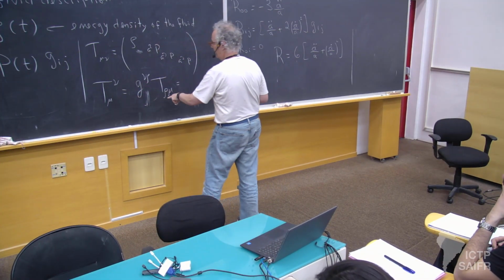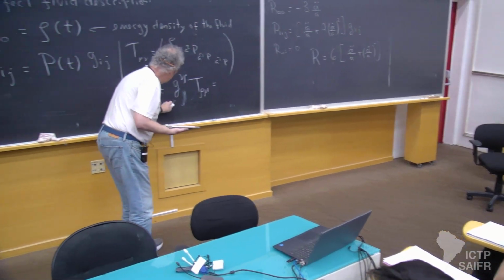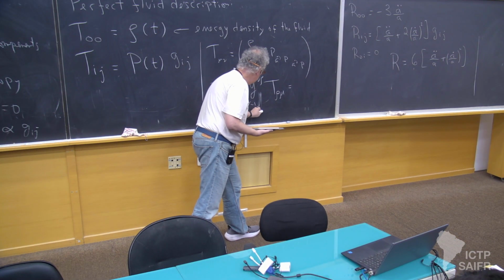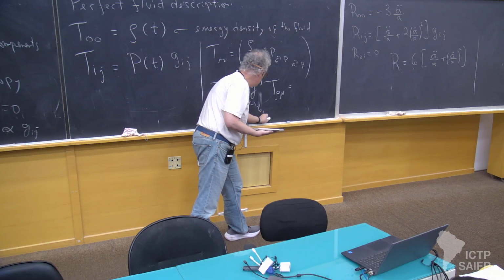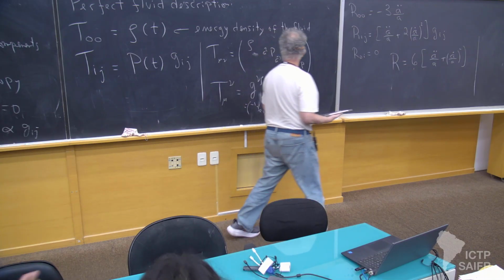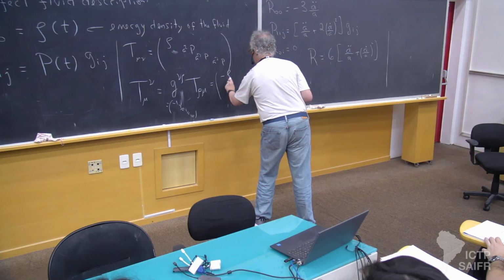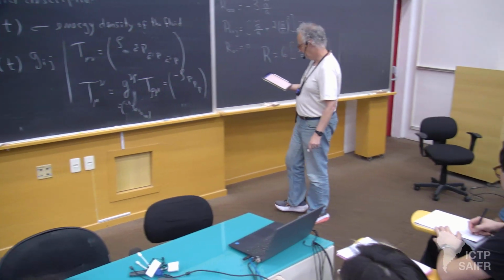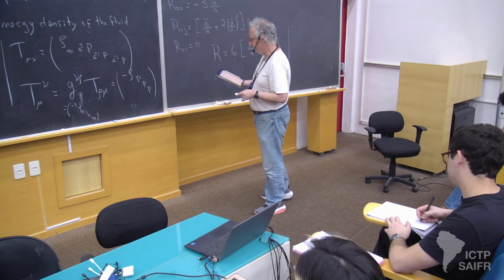This is the inverse of the metric. So this is just minus 1, 1 over a squared, 1 over a squared, 1 over a squared. So when you contract this, you get minus rho, P, P, and P. So sometimes it's more convenient to write like this.